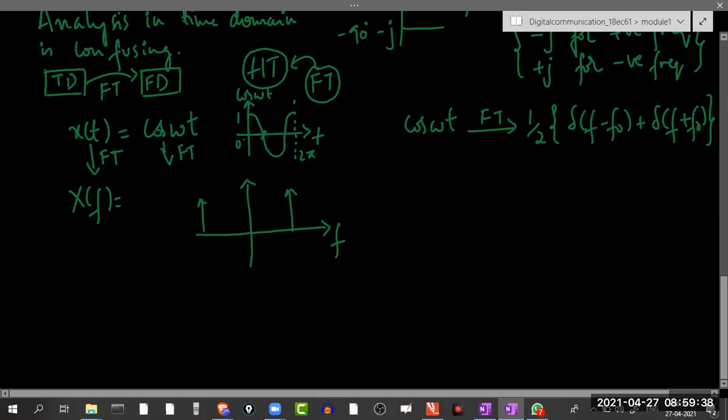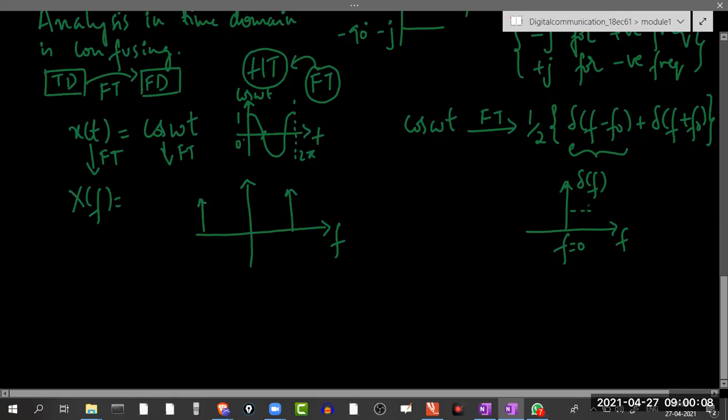The only thing is, if I take my very first impulse function, delta of f minus f naught, what is this? Impulse function, we all know it looks something like this. It's defined only at frequency value equal to 0. But right now I can think of this delta f minus f naught as a frequency translated impulse function, such that it is somewhere at positive frequency.